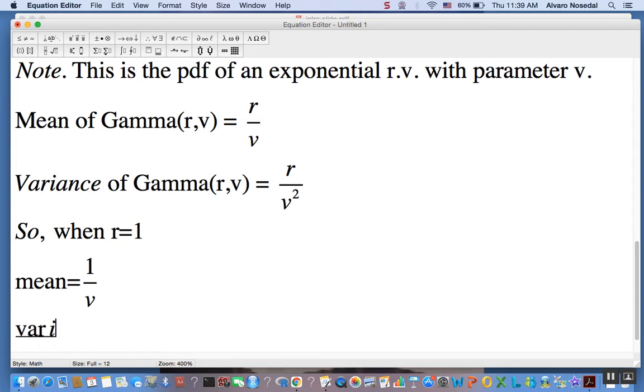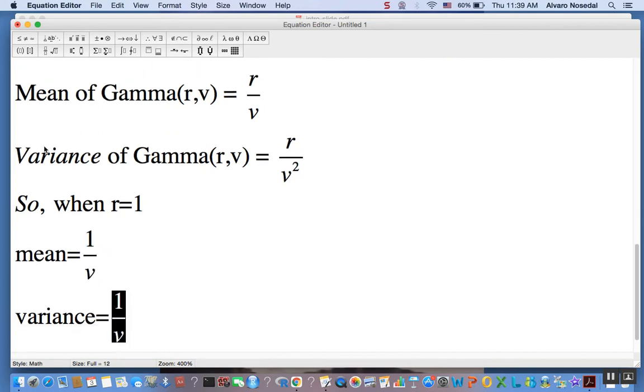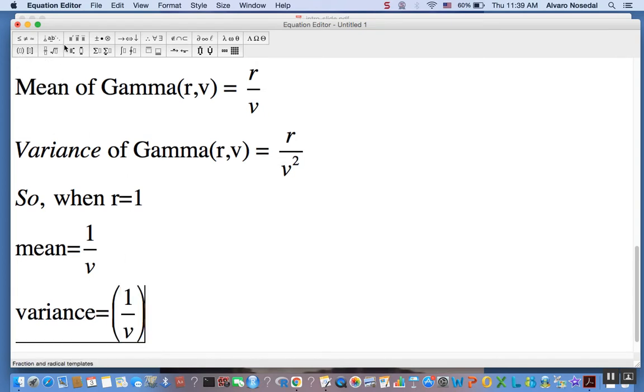And the variance will be 1 over v squared, or in other words 1 over v, the whole thing squared. Agreed?